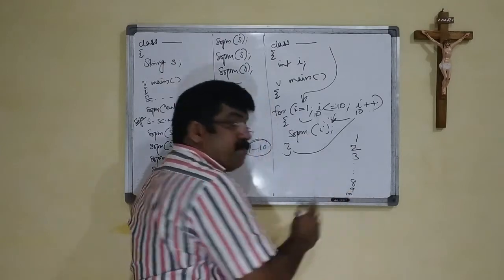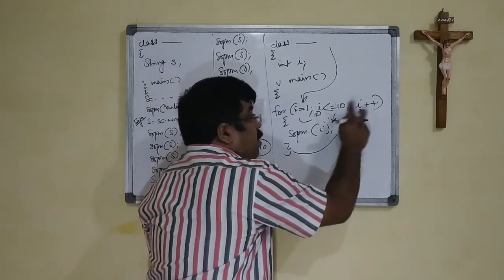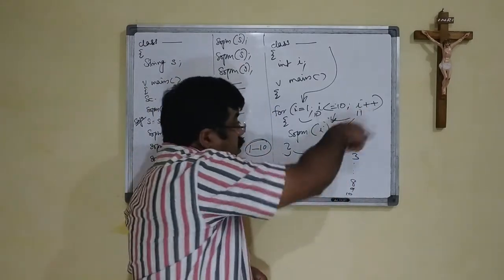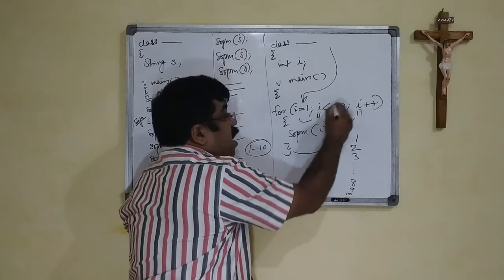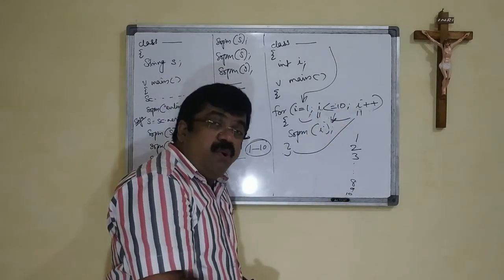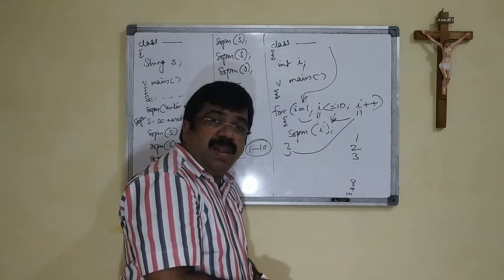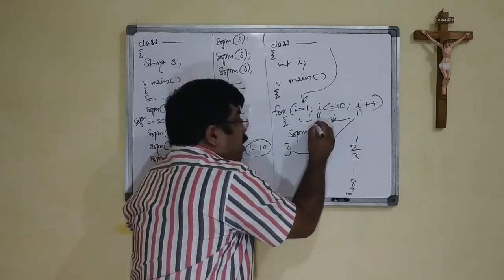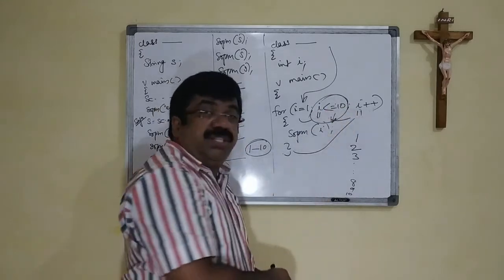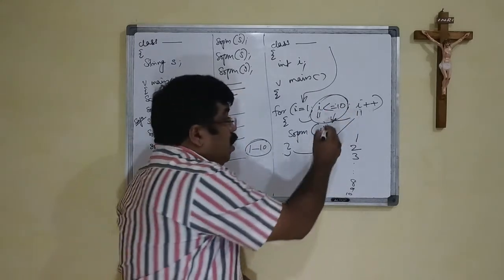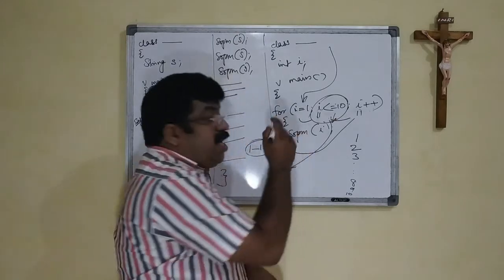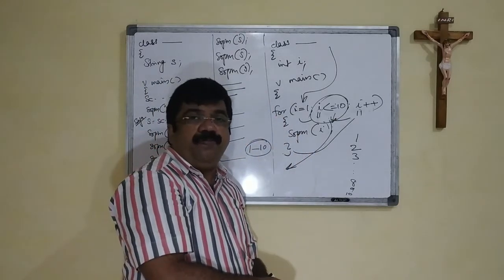Printing 10. I became 11. Checking whether 11 is less than or equal to 10. False. So what will happen? When this condition is false, we will come out of the loop.